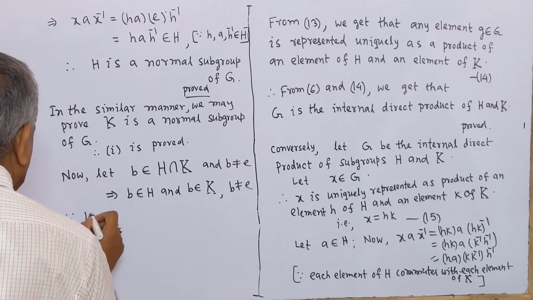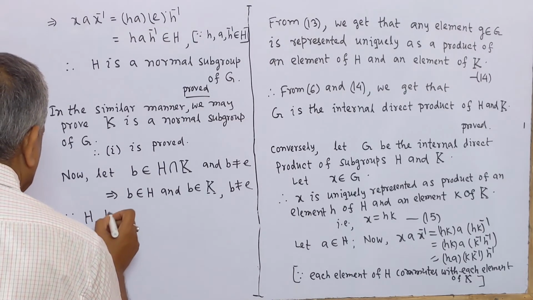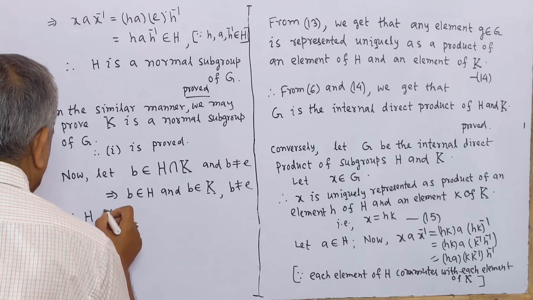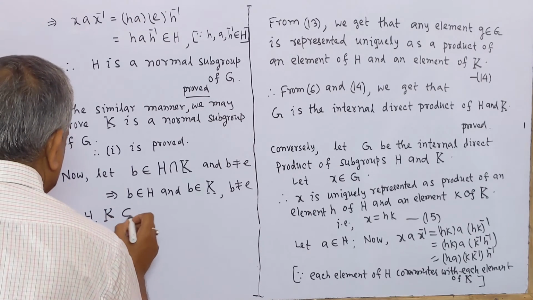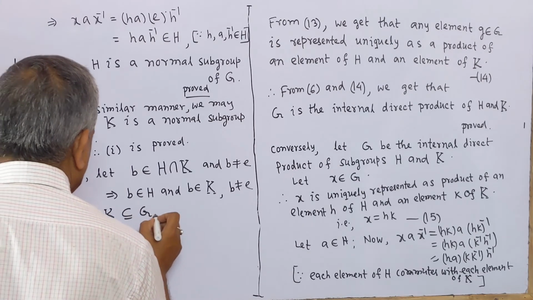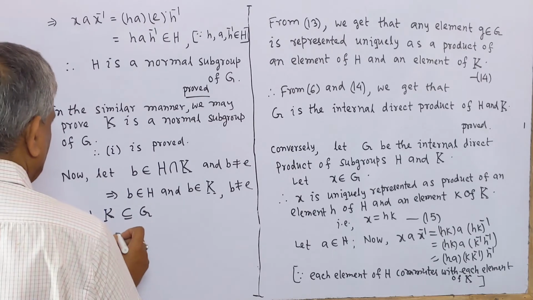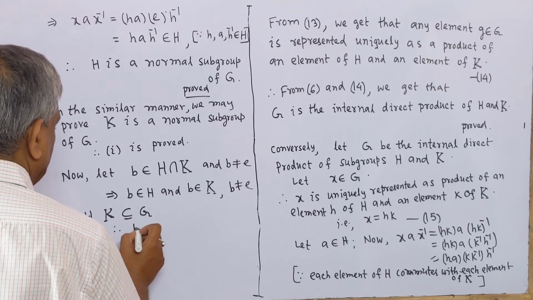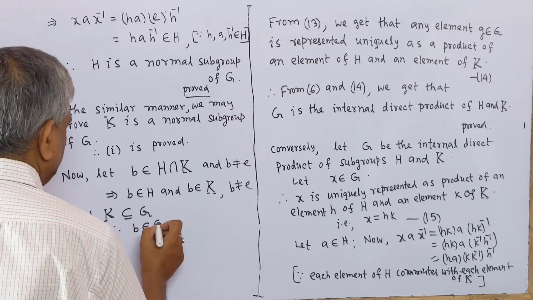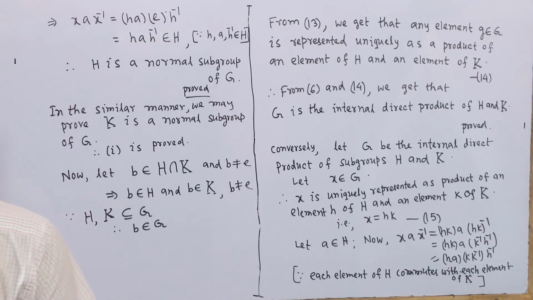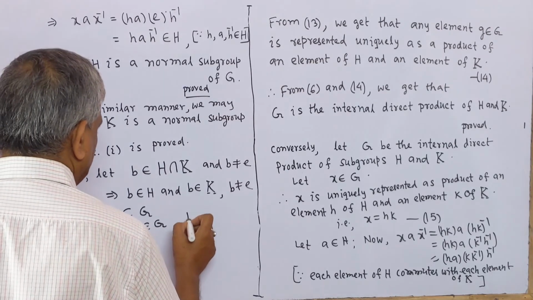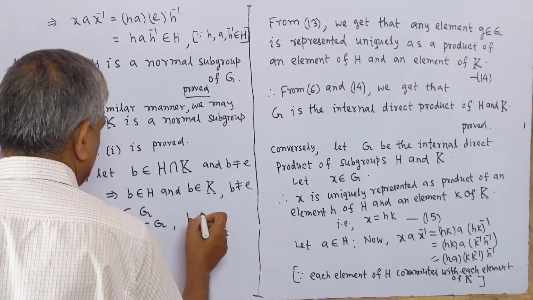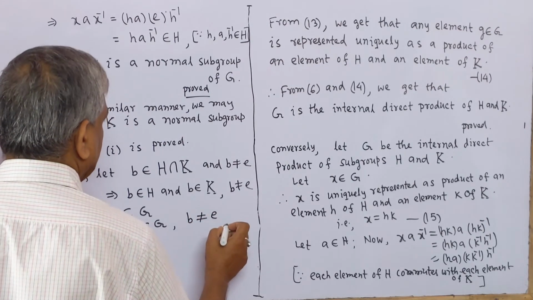Since H and K are subsets of group G, therefore B belongs to group G and B is not equal to identity element.